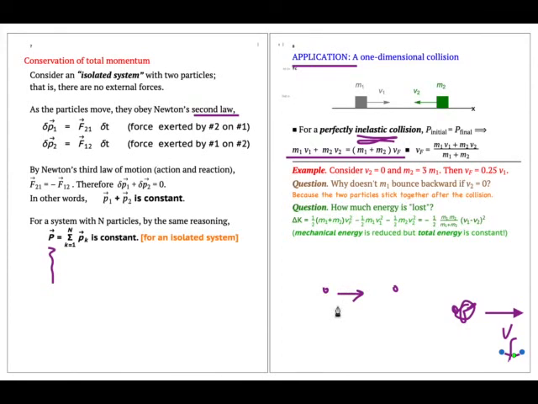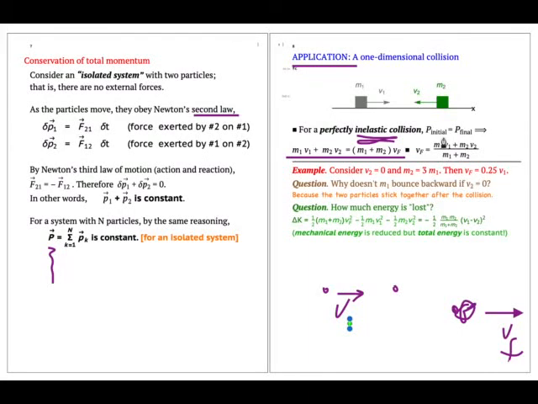So here was v1. v2 was 0. And what is vf? Well, it's m1 plus m2. Now m2 is 3 times m1, so it's 4m1 times v1 divided by 4m1.